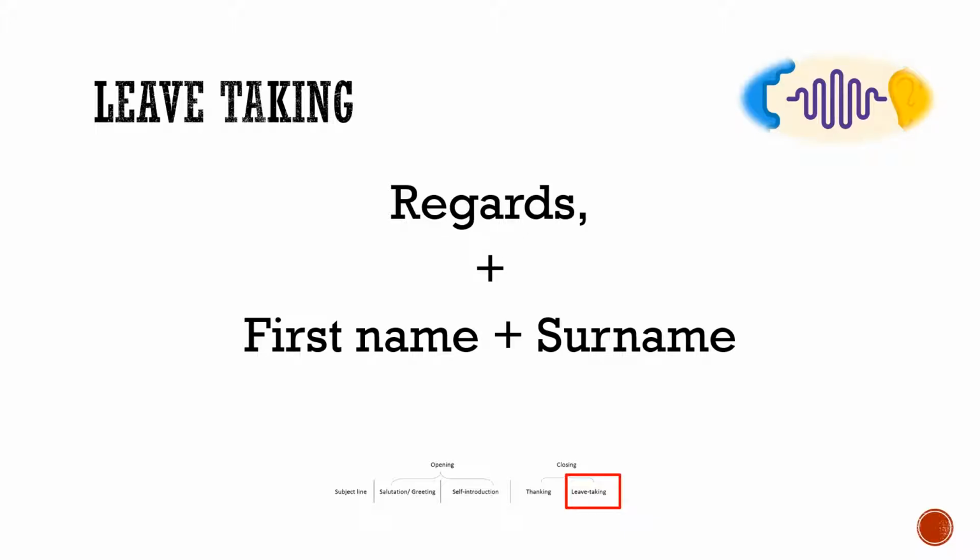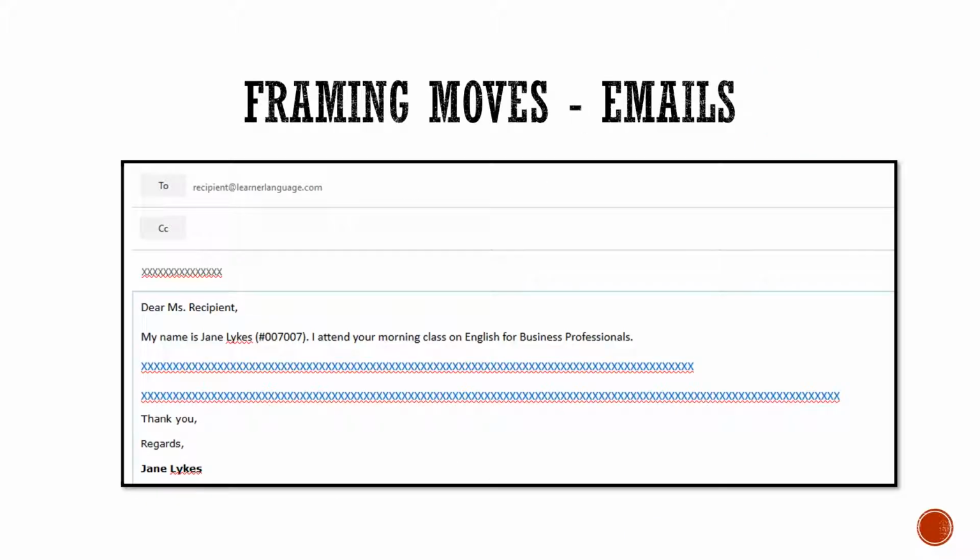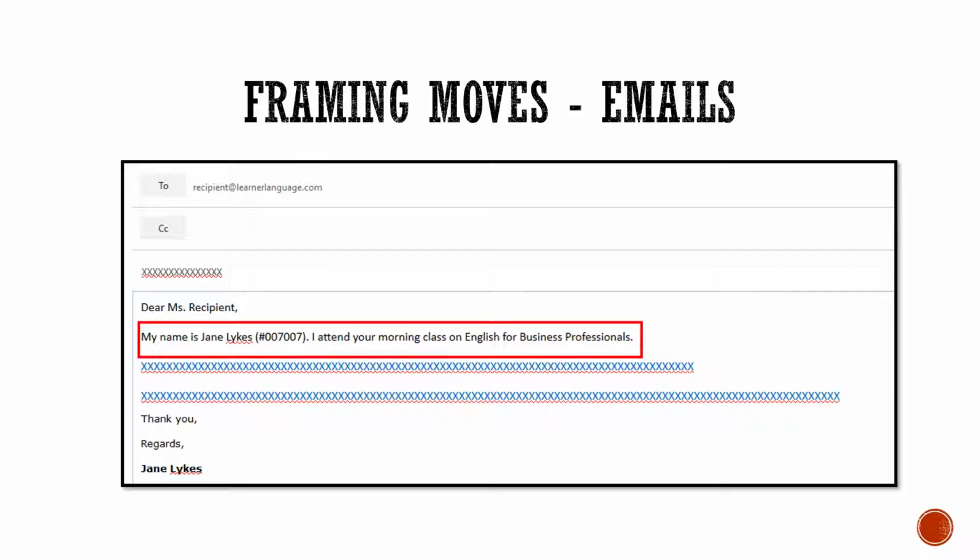So let's look at this whole thing together. We have an empty subject line right now. Remember, we will come back to that later. We have the salutation, Dear Ms. Recipient. We have our self-introduction, which is formal and specific.